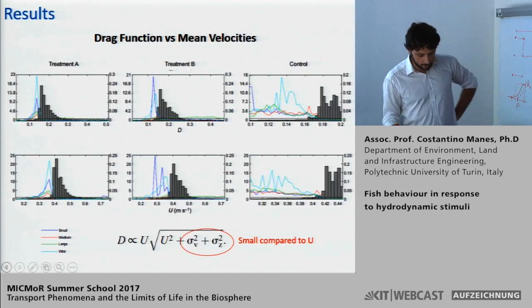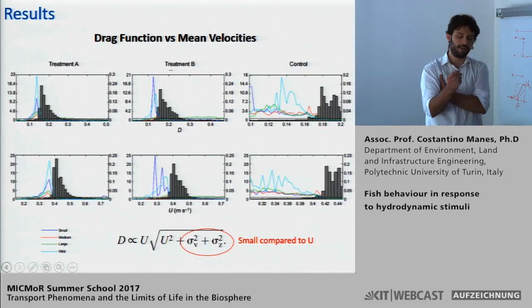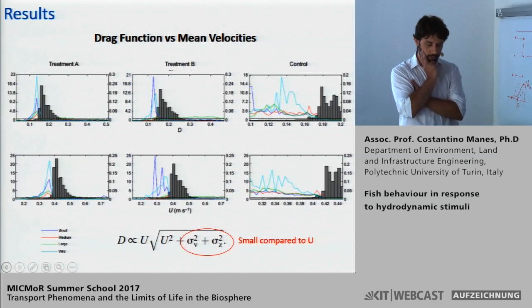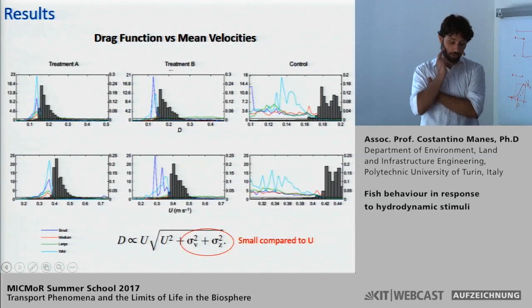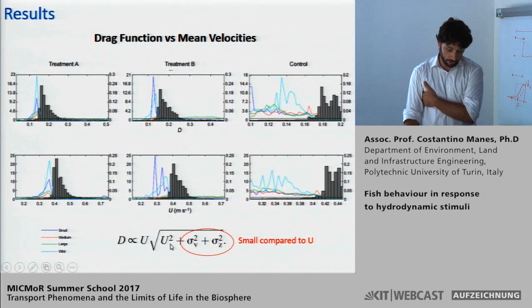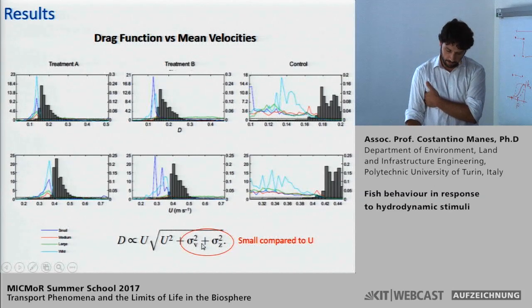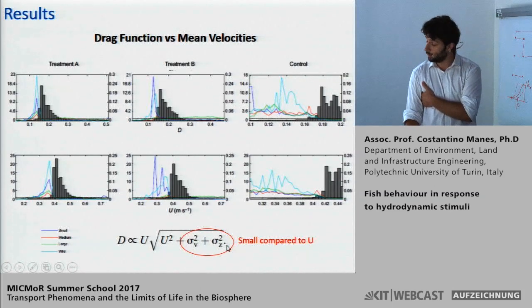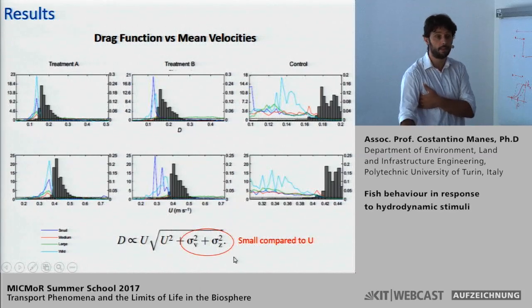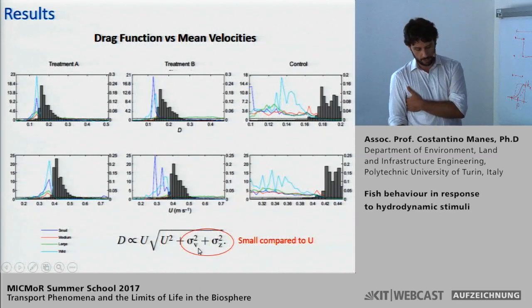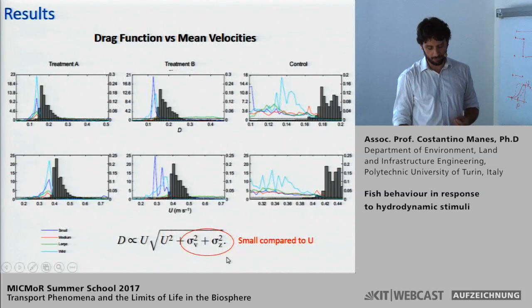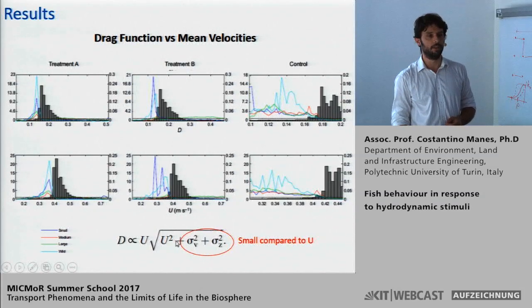Meaning that the drag function seems to perform slightly better, not significantly probably, and the explanation for that is that essentially the sigma, the variance of the lateral and vertical velocity within the test section, were anyway smaller than u squared.